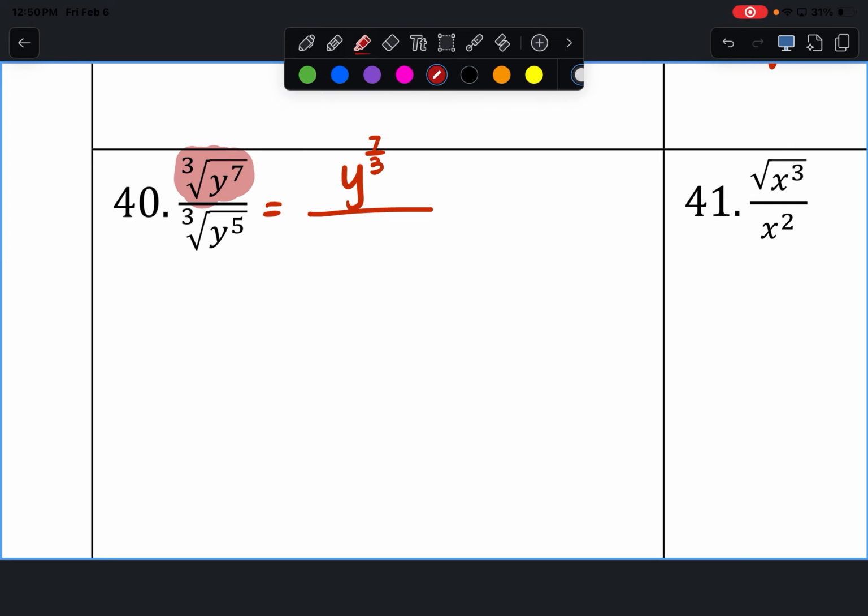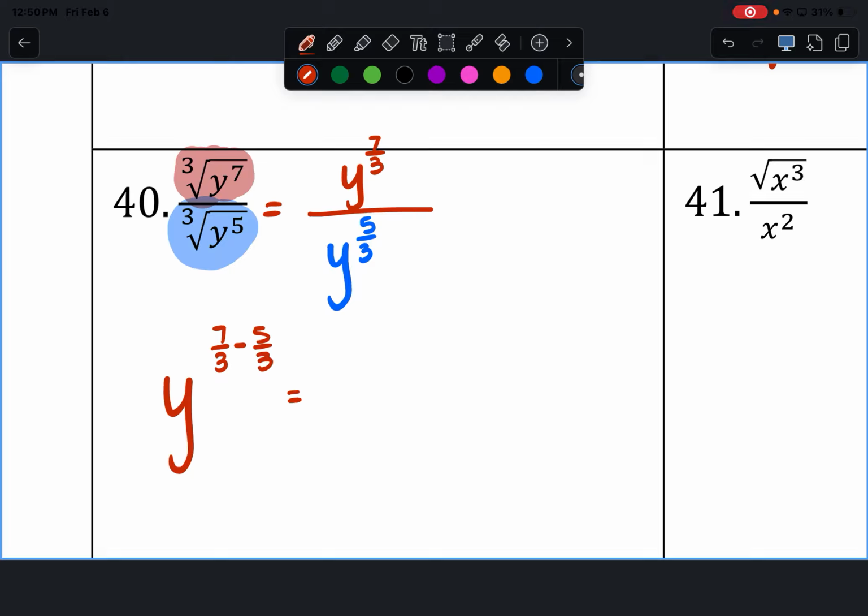Then we're going to rewrite our denominator. It will be y to the what? And when we have the same base and we're dividing, what do I do with exponents? So we will get y is equal to 7/3 minus 5/3. What is 7/3 minus 5/3?